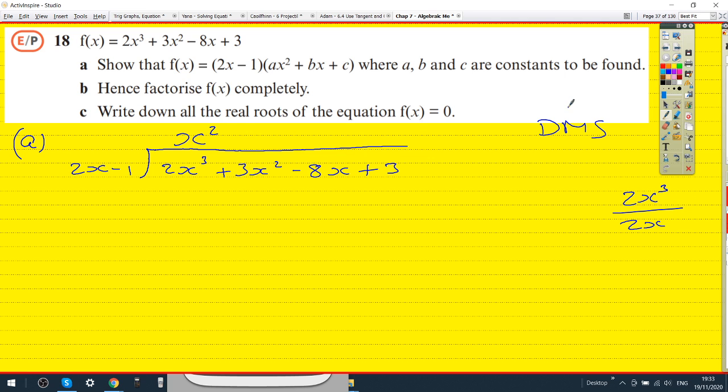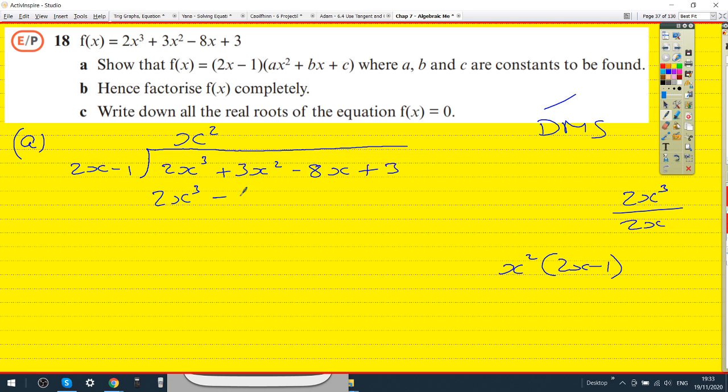So I teach a girl in primary school. This is the DMS method: divide, multiply, subtract. So we divided. What's next? Multiply. So multiply x squared times 2x minus 1.